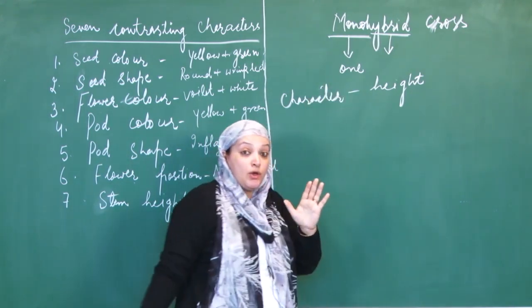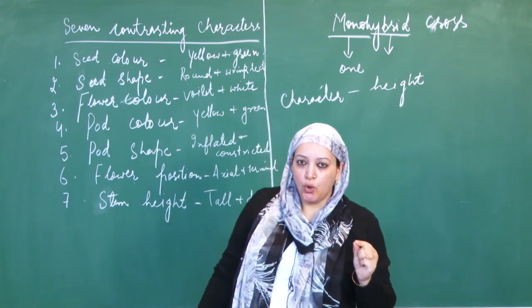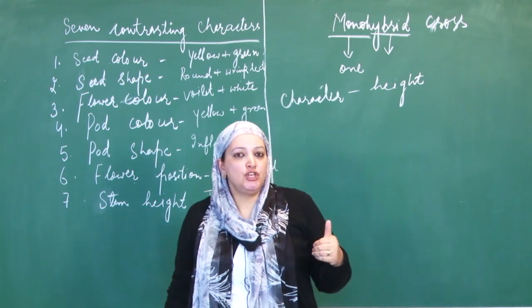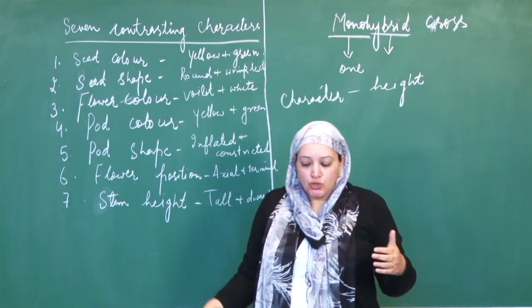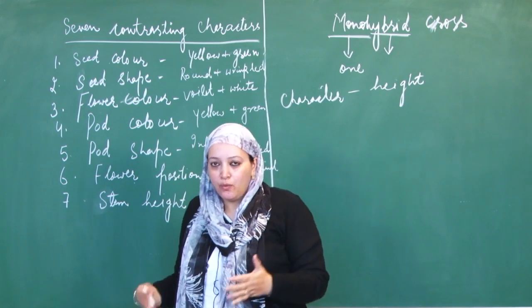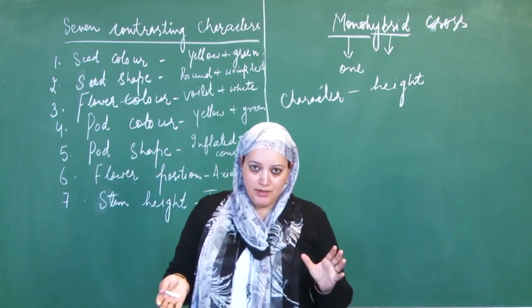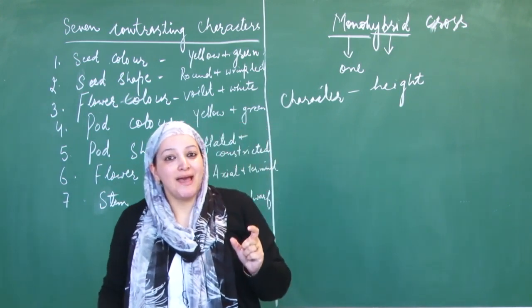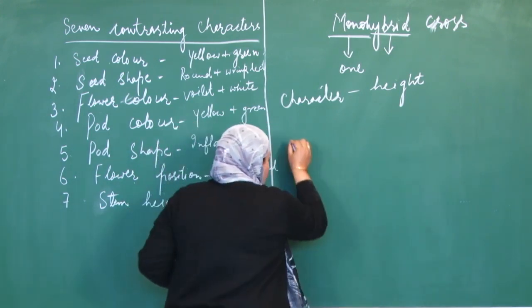Now, he focused on the character height. He took the pure variety. As you know that pea plants, they are bisexual flowers, they show self-pollination. So he was not able to get the pure variety when these plants self-pollinated. So what he did was emasculation. What is emasculation?